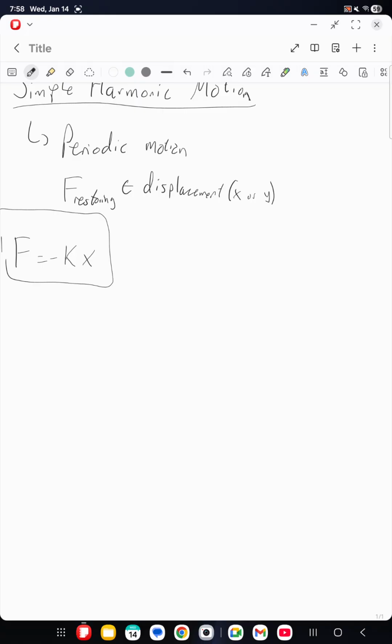Firstly, we can see that from Newton's second law, F equals ma, which will be very important to us, just like F equals negative kx, we could substitute this as a restoring force.